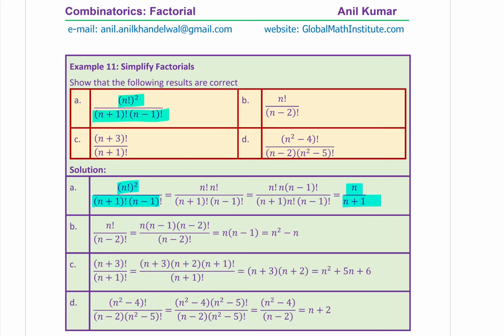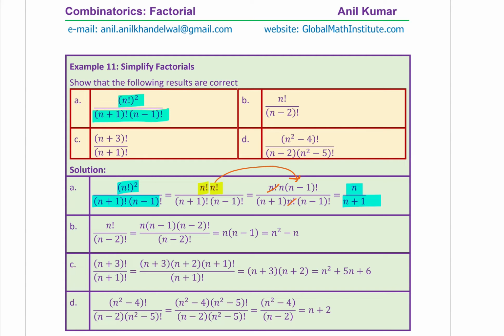The strategy is that n factorial squared means n factorial times n factorial. That's the key. Now one of these n factorials is expanded as a product of n and (n minus 1) factorial, correct? So we did that. Once you do that, there are many things which can cancel, so cancel them. Most of these factorial terms you can see are cancelling out.